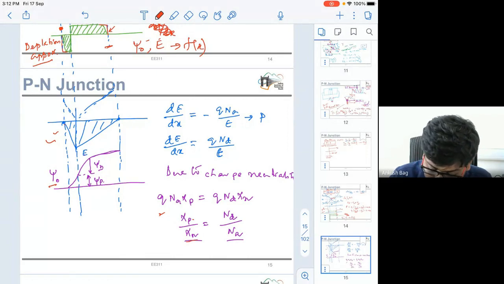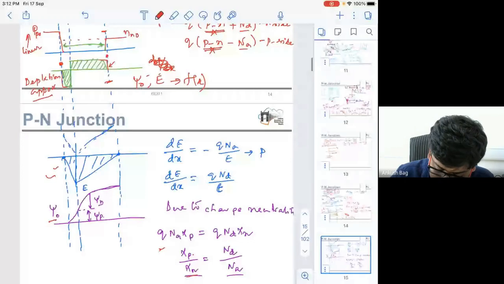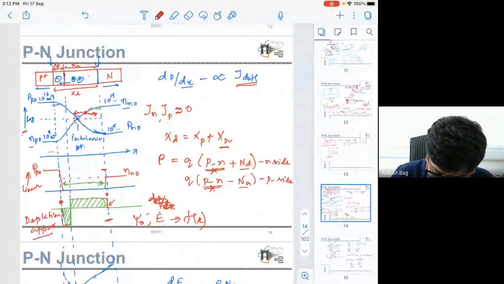Now another question we had is why this intrinsic point is towards the N side.